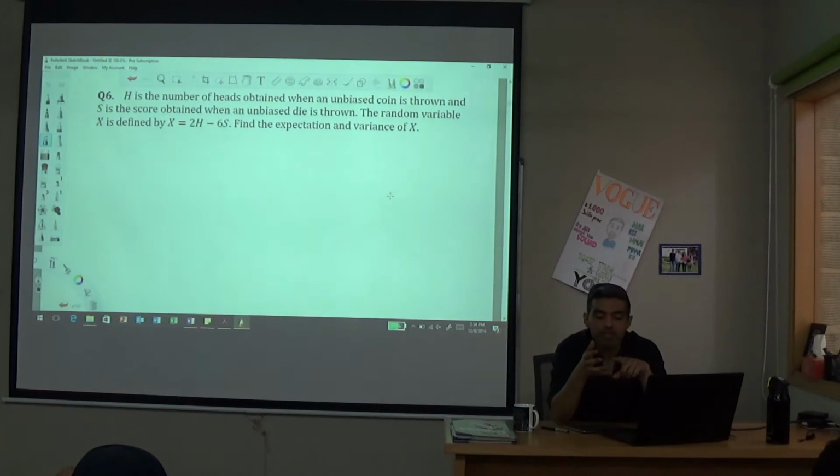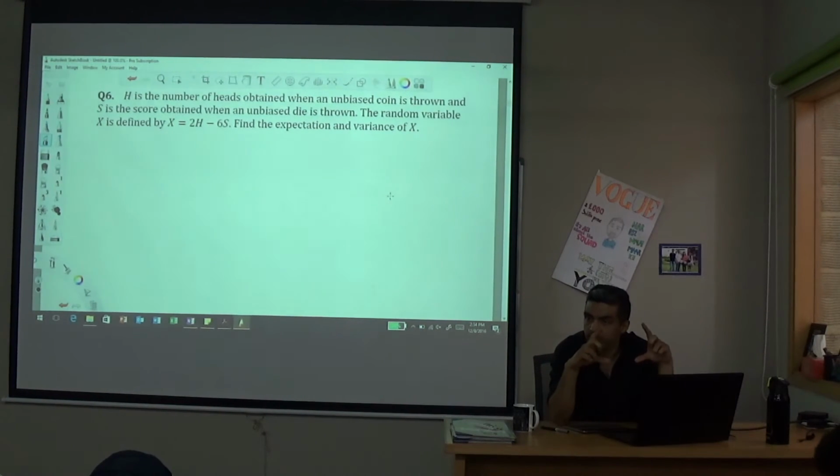Now, in order to find the expected value of x and the variance of x, you need to know the expected value of h and s, and the variance of h and s, which is not given in the question. So you need to first calculate it. Let's find the expected value of the number of heads, that is h.